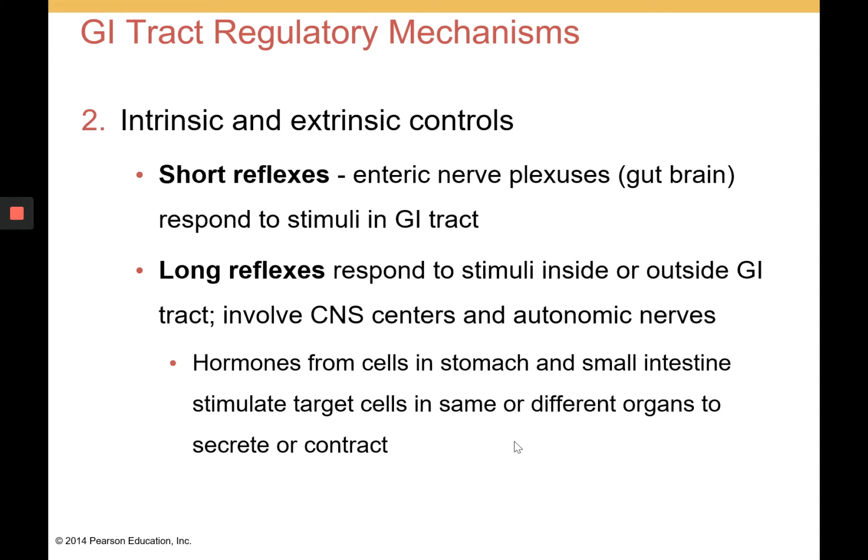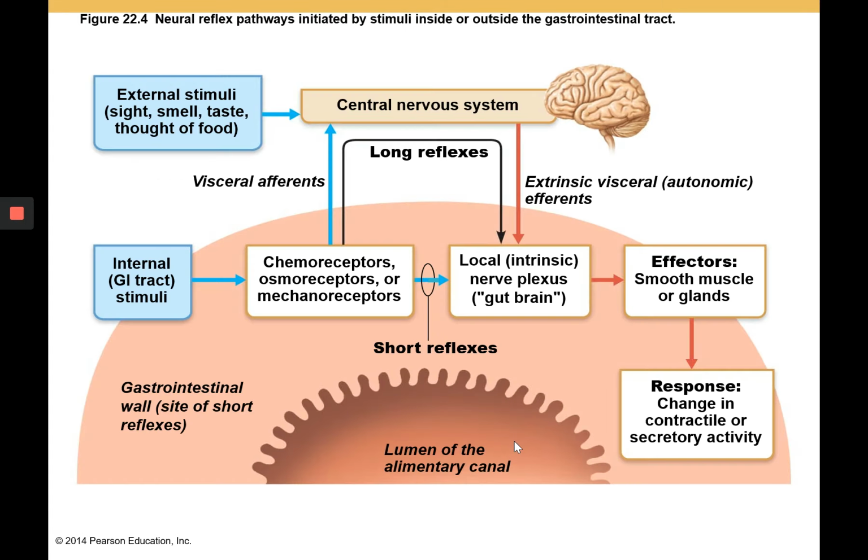For example, hormones from cells in the stomach and small intestine stimulate target cells in the same or different organs to secrete or contract by using these long reflexes and communicating information to and then from the central nervous system. And that's what we can see here in figure 22.4 is that the long reflexes involve the central nervous system, whereas the short regulatory mechanisms do not.